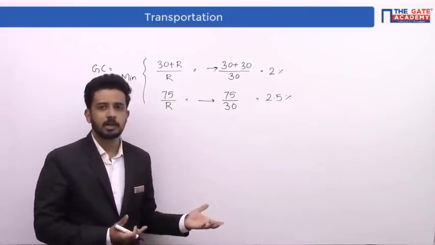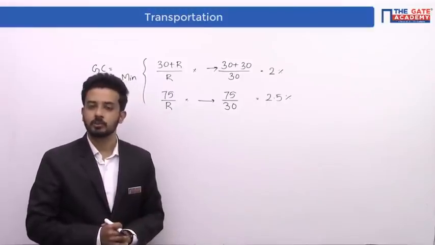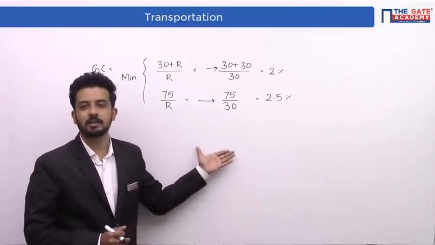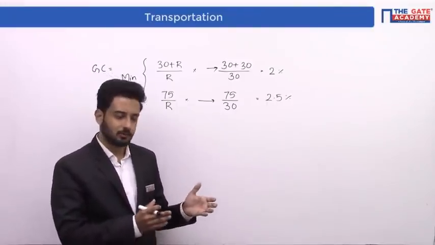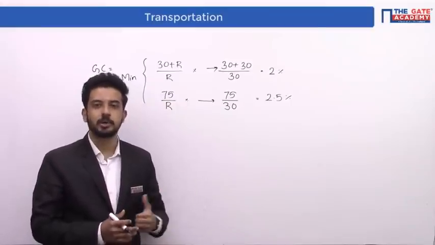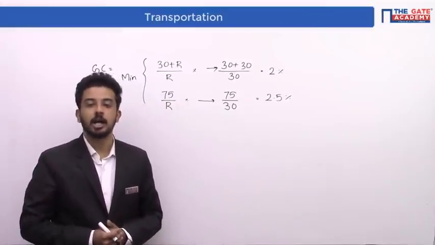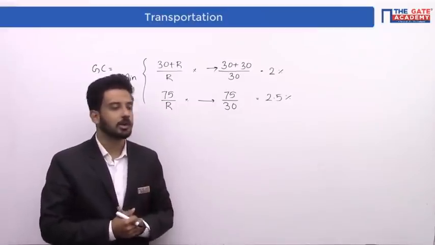Okay? But we don't know whether it is the correct answer or not. Why? Whenever we are calculating the grade compensation, we have to do a check. We have a rule as per IRC, Indian Roads Congress. They have given us a rule. What is that rule?